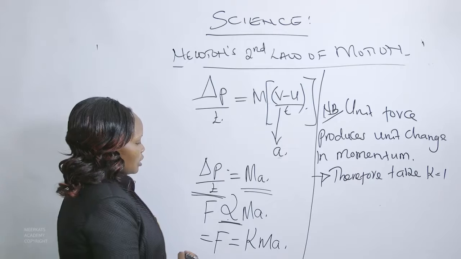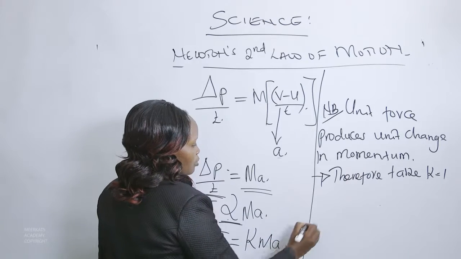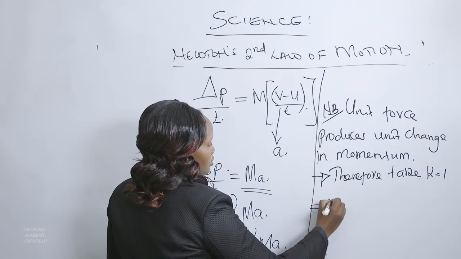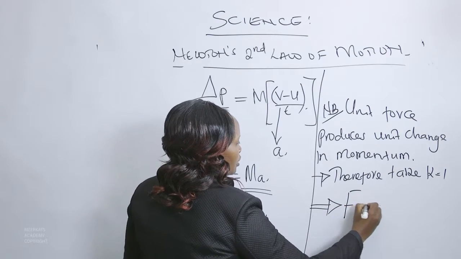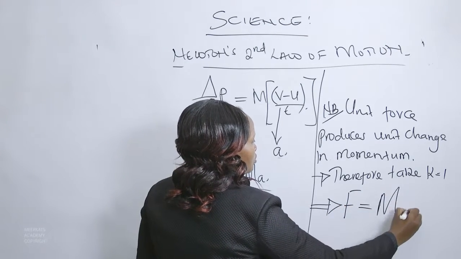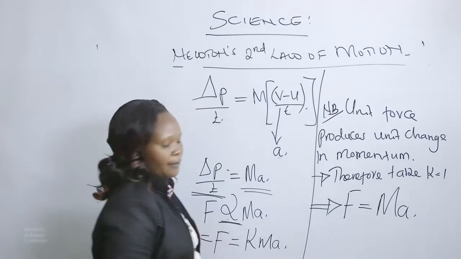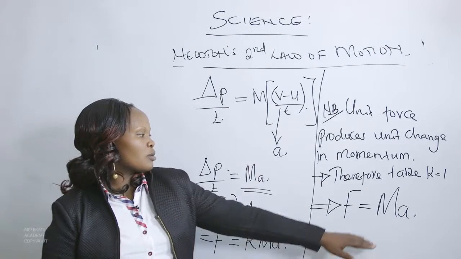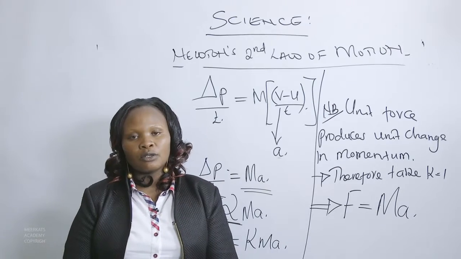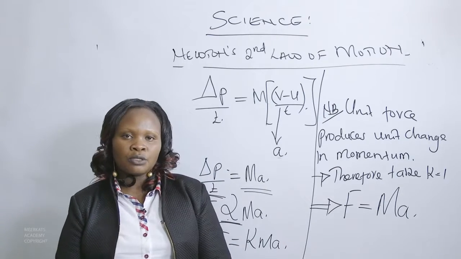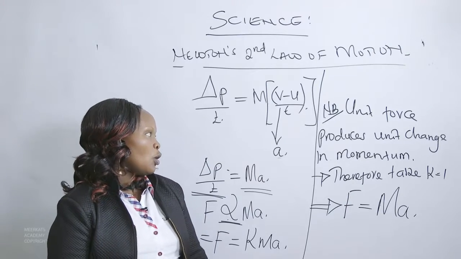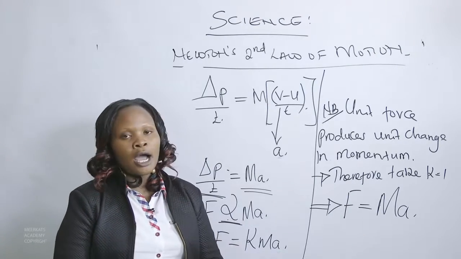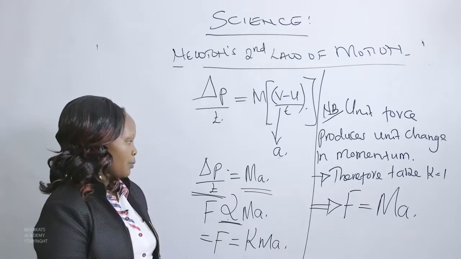And once that is done, our equation now becomes F is equal to ma. This one is the mathematical formula we use to represent the second law of motion according to Newton.